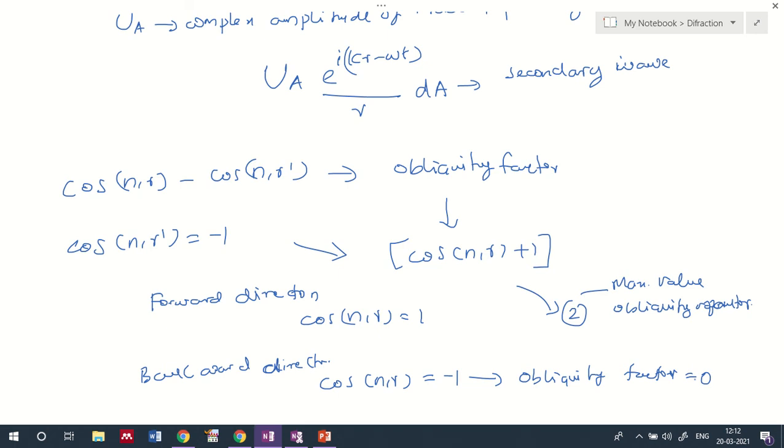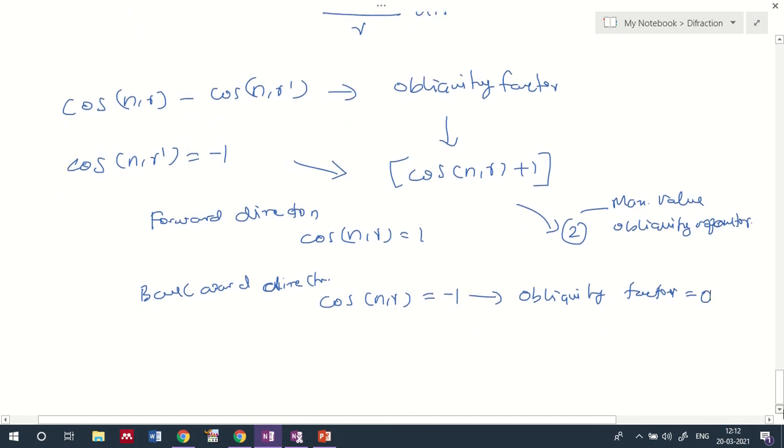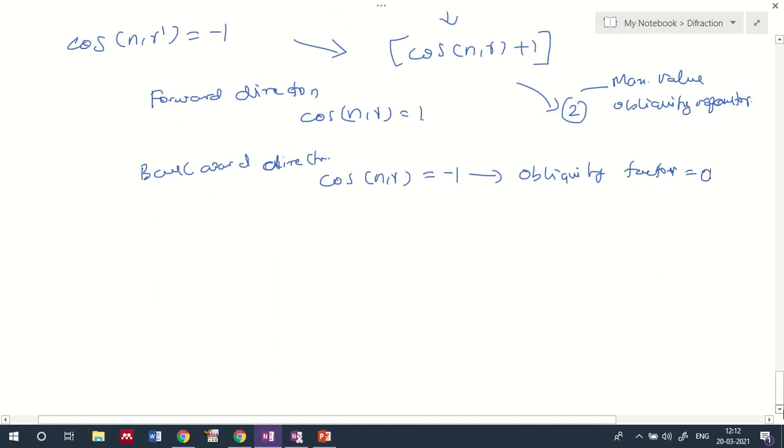This explains that there should not be any backward progressing wave created by an original wave. So if you consider the Huygens principle, the obliquity factor becomes 0, which means there will be no backward progression or backward wave when the secondary wave is generated by Huygens principle.